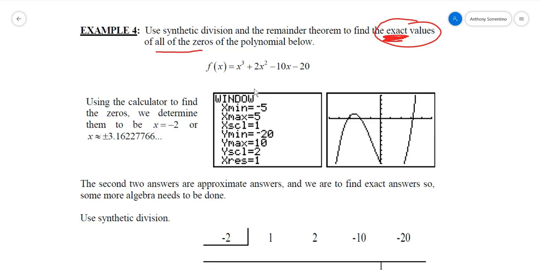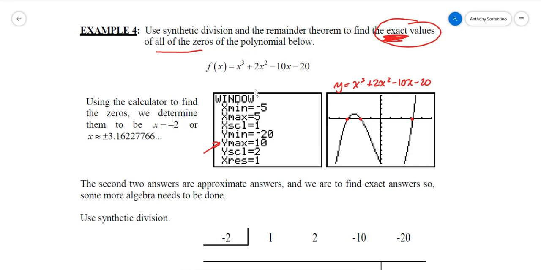So what you're seeing here is a graph of y equals x cubed plus 2x squared minus 10x minus 20. And you can see what the settings were for us to see what we have here. As you can see, this graph does show 3 zeros. And that's how many zeros I expect. I don't expect any more.